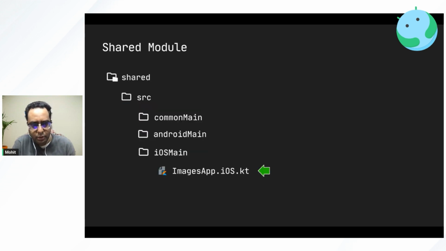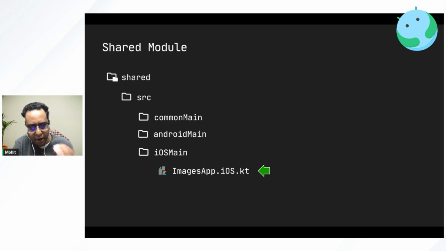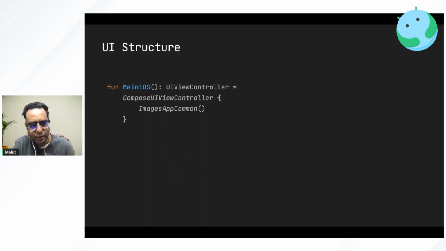So in iOS is where things get interesting. How do you utilize this on iOS? On iOS, the library provides you with a way to build a UI view controller that you could utilize in your UI. So what I have done here is that I've created a main iOS method in the iOS main source set.